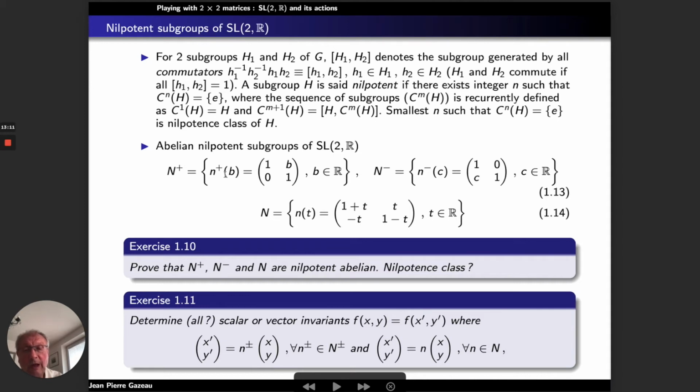So you have to determine first for this group capital N plus, afterwards for this one capital N minus, and eventually for this group N.